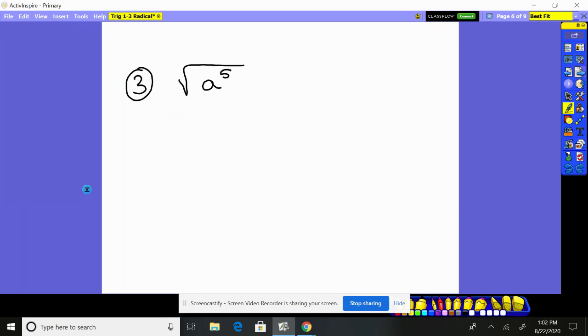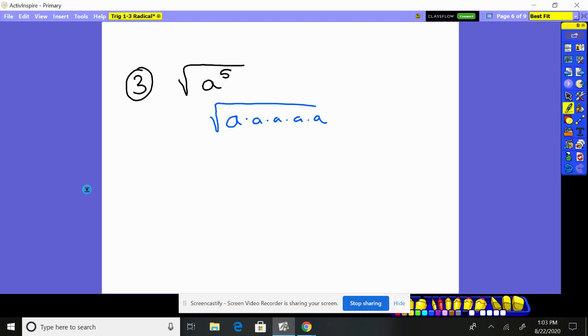Well, now let's use that same idea if we're trying to simplify the square root of a to the 5th power. Well, again, always think what something means. What does a to the 5th mean? Well, this means, let's go to blue. I prefer blue. A to the 5th means a times a times a times a times a.